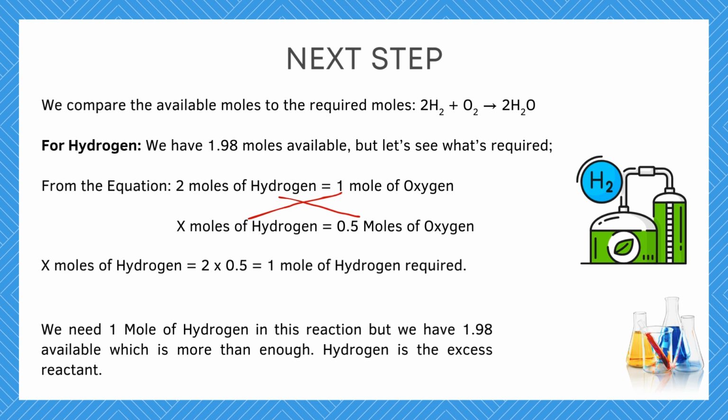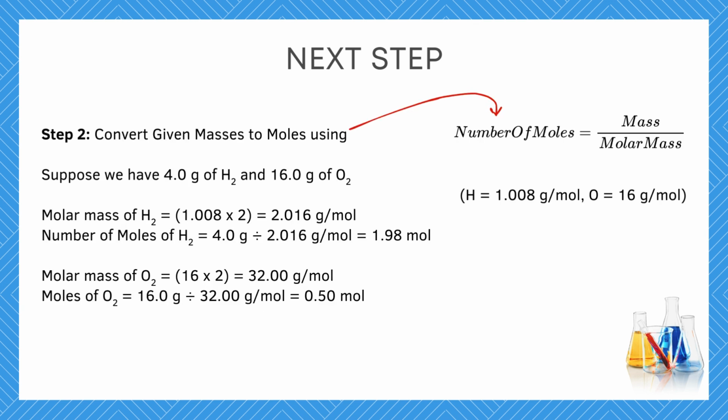So now that we have the mole ratio, what does this tell us? The next thing we have to do is to compare the available number of moles to the required moles. We have been given the available number of moles. Let me backtrack a bit so I can show it to you.